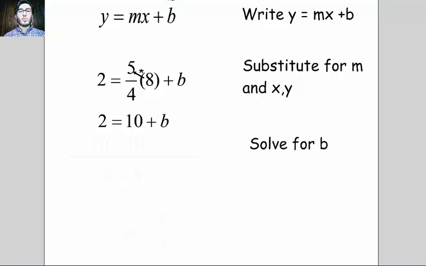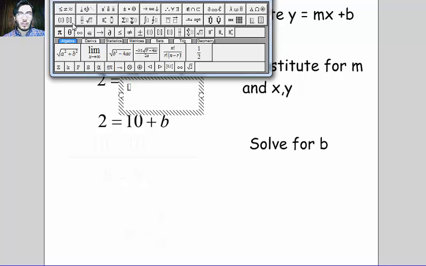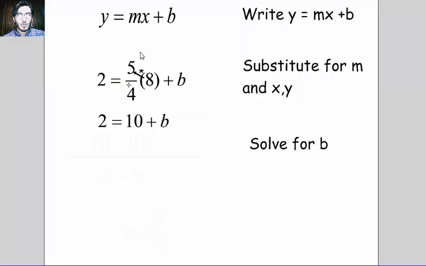Then you divide that by the denominator, so we're doing division. You take the result of that multiplication and divide it by this number. So 8 times 5 is 40, divided by 4, you get 10.